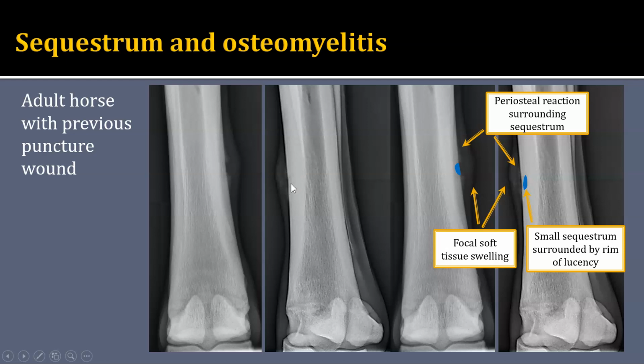So this is our sequestrum. And then it has the associated bacterial osteomyelitis with the periosteal reaction, and then associated soft tissue swelling. This is probably the cloaca where there's interrupted periosteal reaction. So we have a sequestrum and a cloaca. I probably don't see an involucrum in this patient.